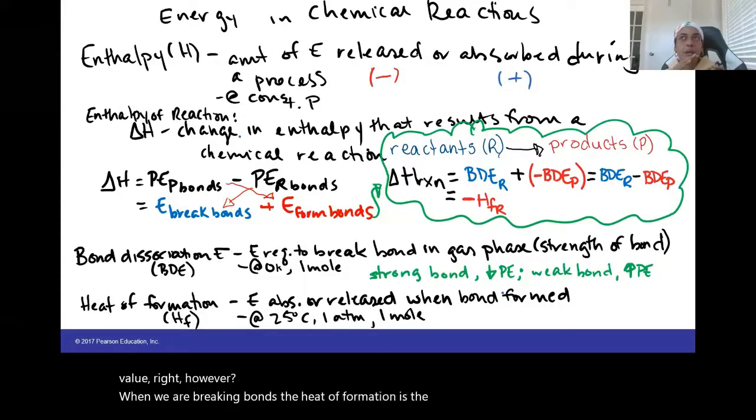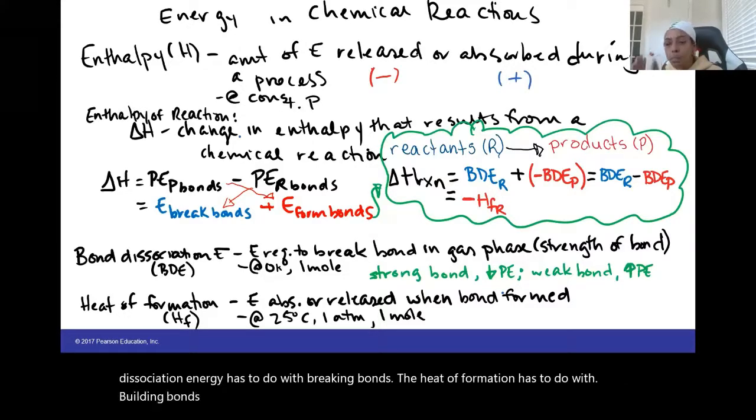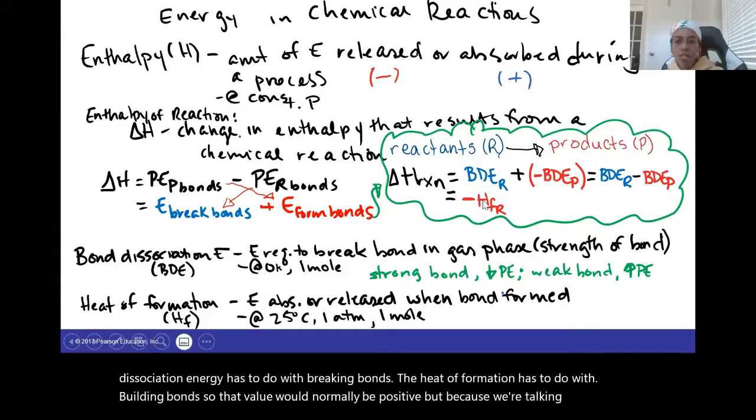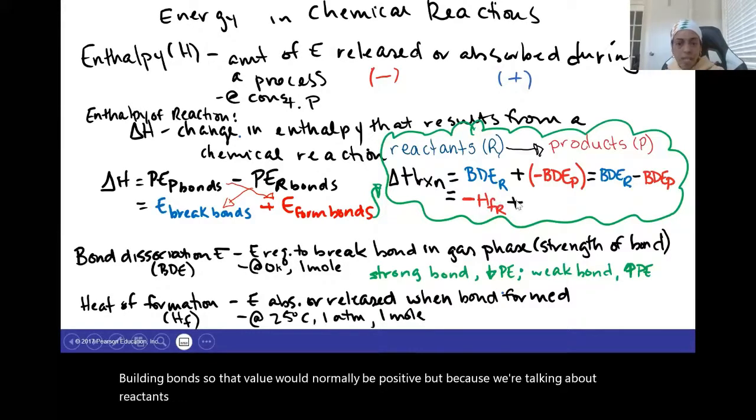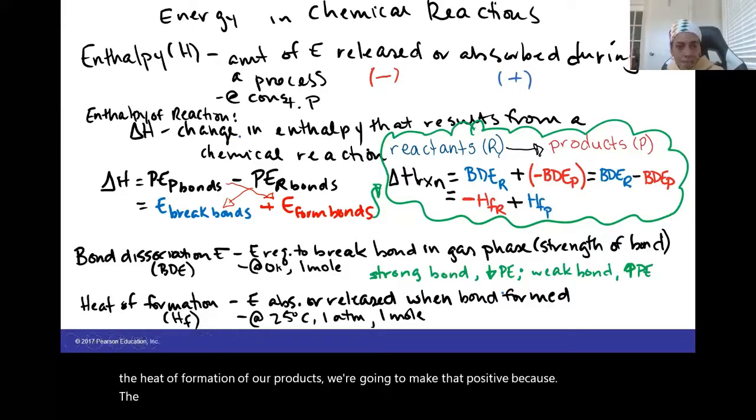Just like bond dissociation energy has to do with breaking bonds, the heat of formation has to do with building bonds. So that value would normally be positive, but because we're talking about reactants, it's negative. Plus the heat of formation of our products. We're going to make that positive because the heat of formation is a positive value.